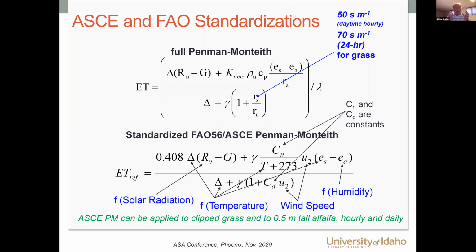We can take our resistance formulations and set them more to constant values. And the result then is this bottom equation, which we refer to as the standardized Penman-Monteith, where we still have the same weather parameters, but now our resistances have been transformed to two coefficients, a numerator coefficient and a denominator coefficient. And then some of our terms like wind speed and temperature are more explicit in the standardized equation.